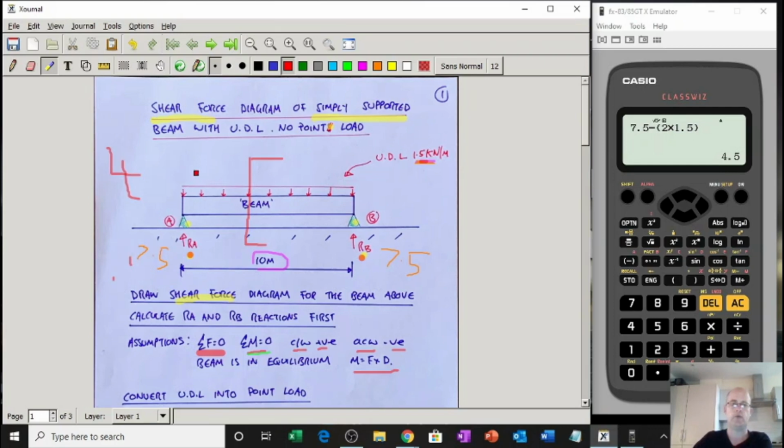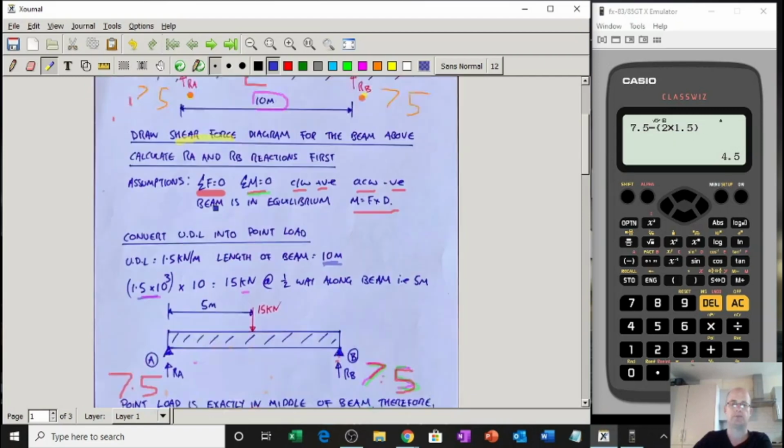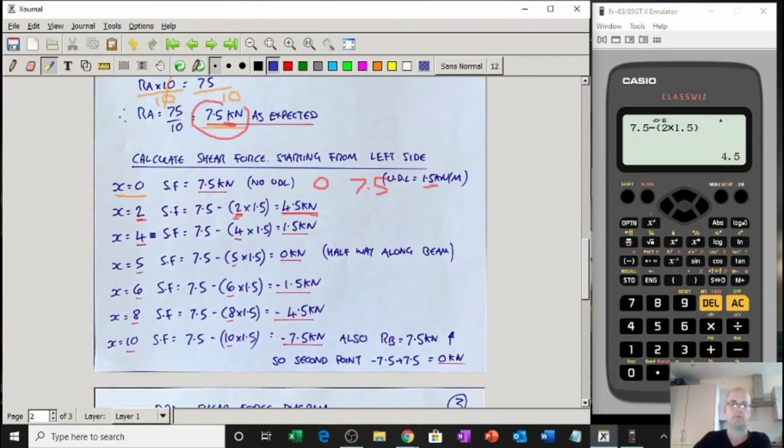And I can see 4 meters worth of my UDL, because I'm 4 meters in. UDL is 1.5, and I've got 4 meters of it. So at x equals 4, I've got 7.5, that's my force coming up, and 4 meters worth of my 1.5.